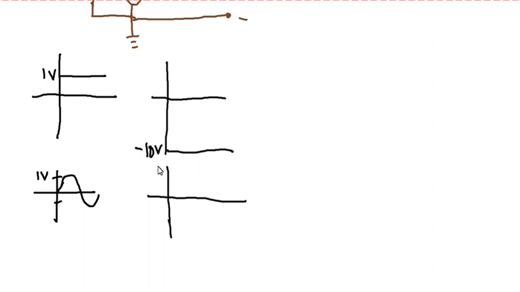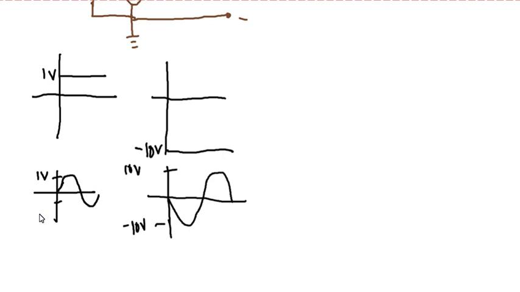Since, for example, our amplification factor is 10, this time we invert it. Instead of going this way, it will go this way. Our output is inverted. And this will be negative 10 volts, positive 10. So that is how it is for inverting.